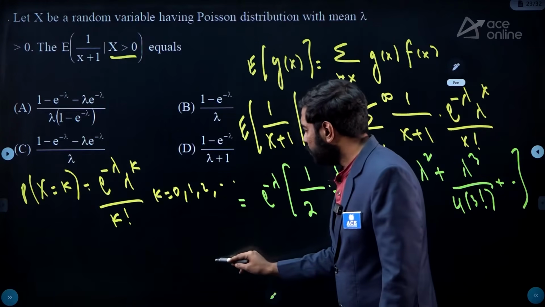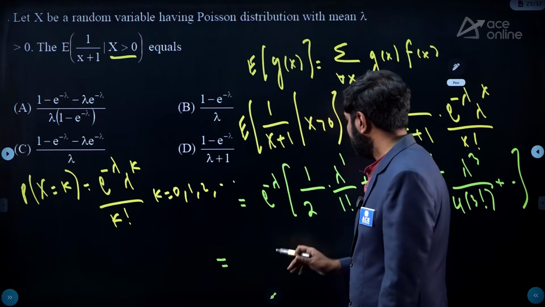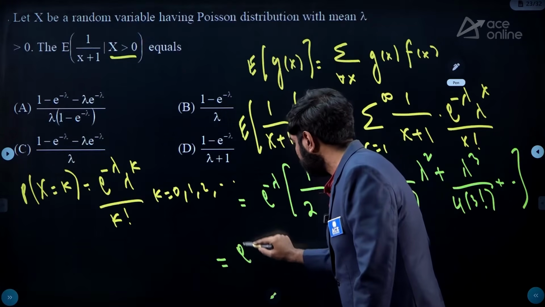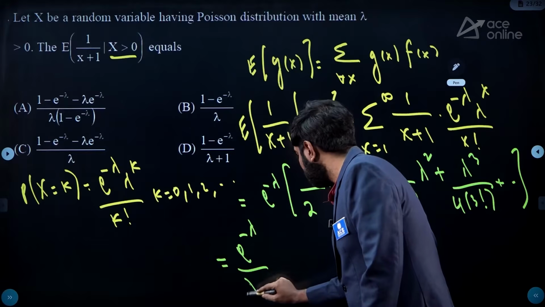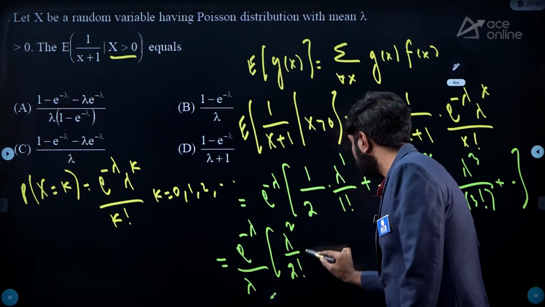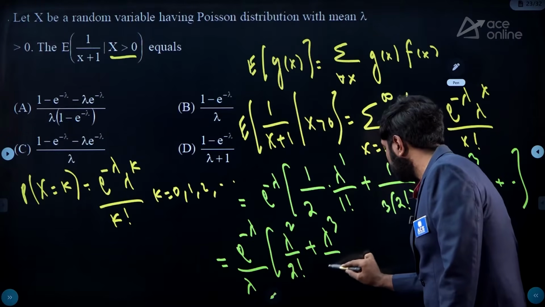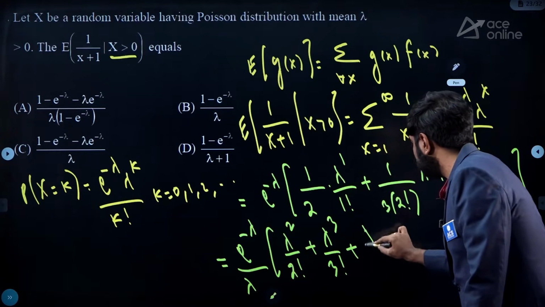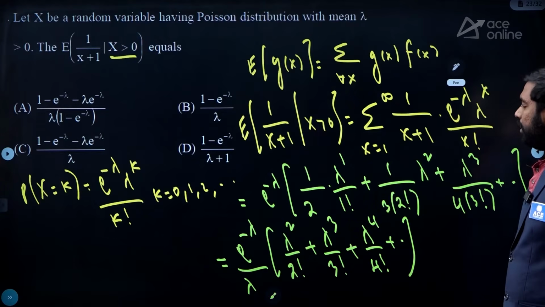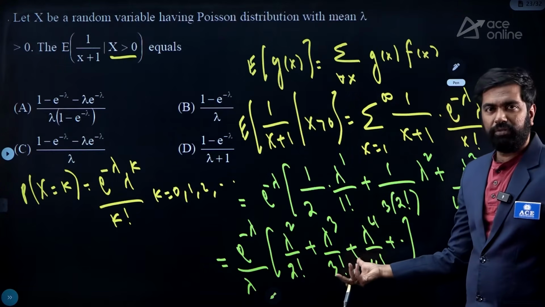I can do that adjustment, like I'll multiply and divide with lambda. So it's e power minus lambda by lambda into lambda square by 2 factorial plus lambda cube by 3 factorial plus lambda power 4 by 4 factorial and so on. Now you have a simplified expression for this.